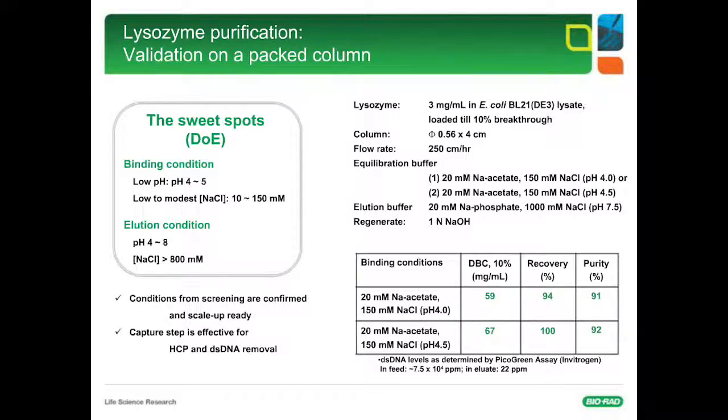As you can see on the slide, the binding condition identified by this DOE exercise is low pH, at pH 4 to 5, and with modest concentration of sodium chloride, 10 to 150 millimolar, we can effectively capture the target molecule from the cell culture harvest.